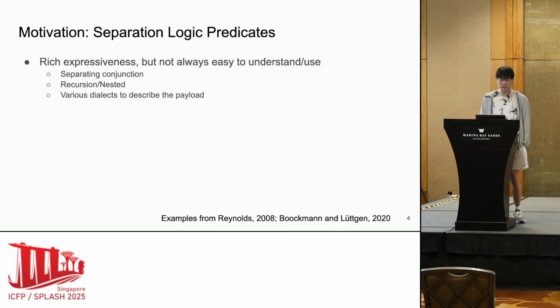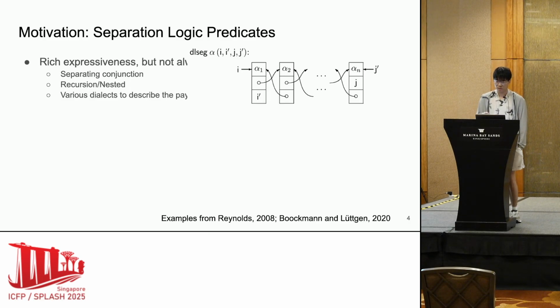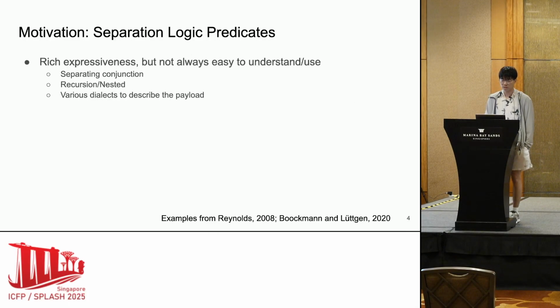Although it's pretty expressive, the expressiveness also comes with complexity. For example, if you want to express a doubly linked list segment, you have the separating conjunction together with complex recursion, and you need four pointers as the arguments to express this predicate.